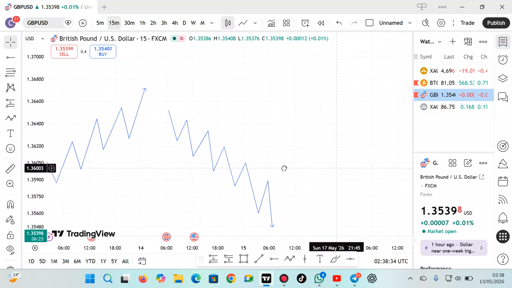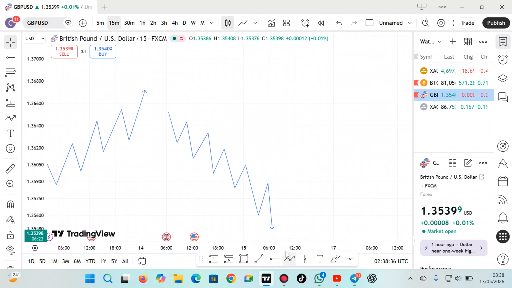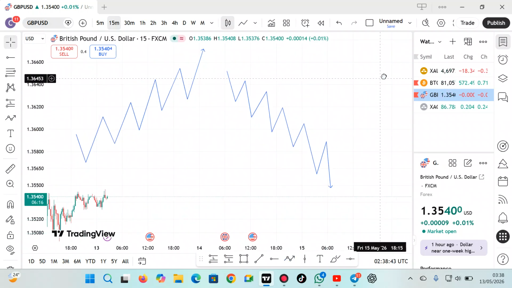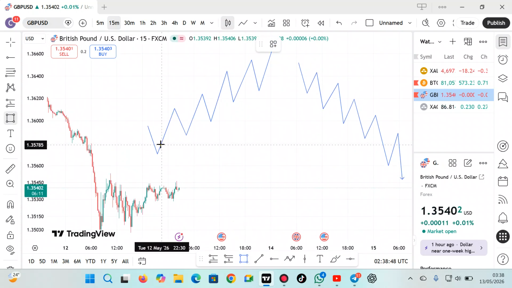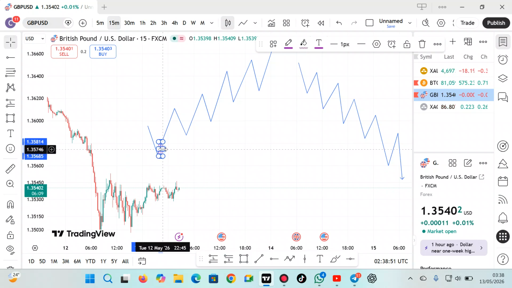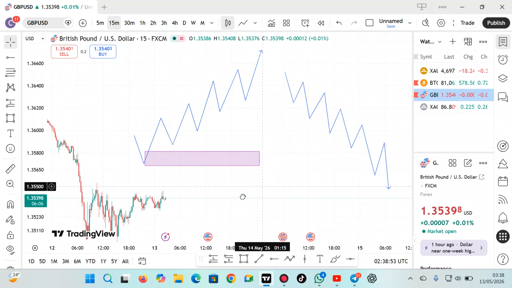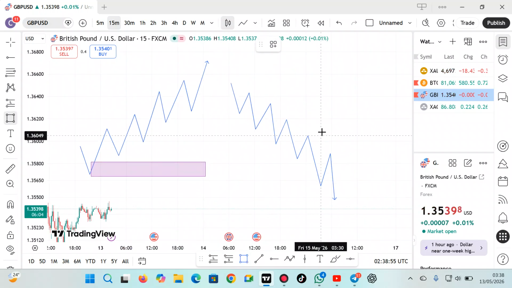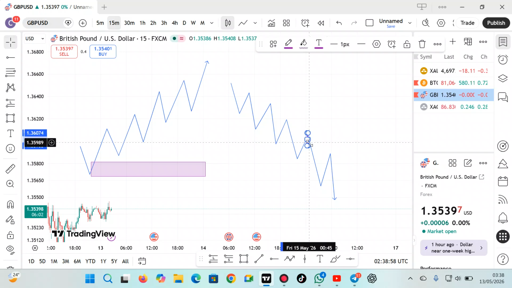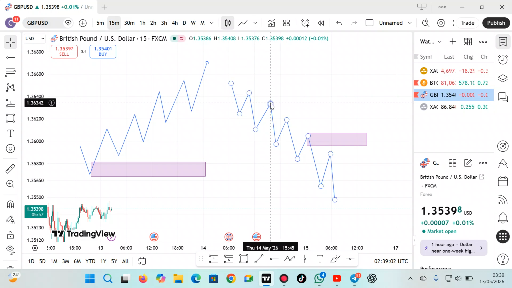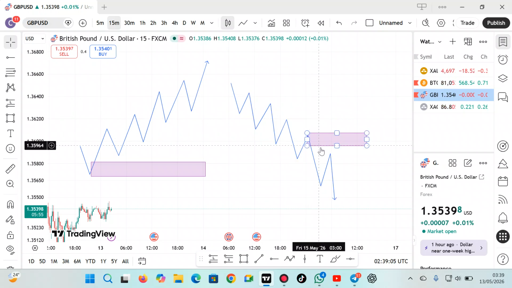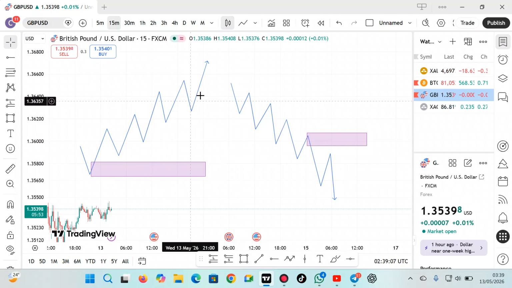And the next one we talked about is an OB. We say an OB is inside this market trend. You picture an OB, this is an OB. Every one of these is an OB, and they are all OB.